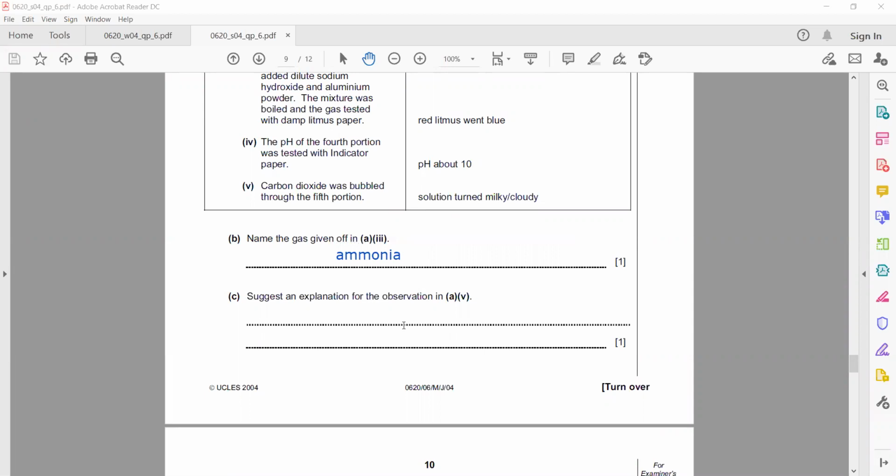Suggest an explanation for the observation in A5. Basically, because it is lime water, that is why it turned milky.